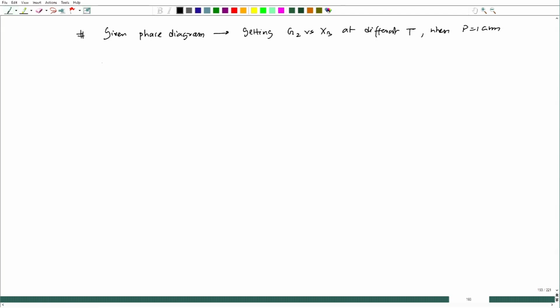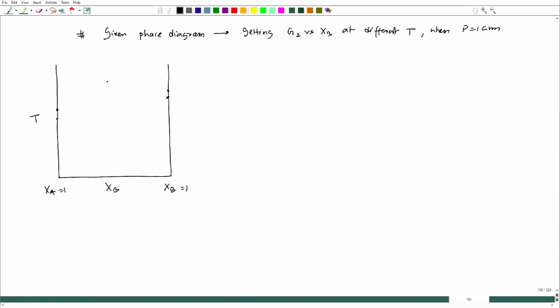Let us see a schematic phase diagram. This is X B, this is T, X A equal to 1, X B equal to 1. Now, I can have a phase diagram like this. So, we have a congruent point. Let us say this is my congruent point, and these are the two melting points. This is one, another one is this.